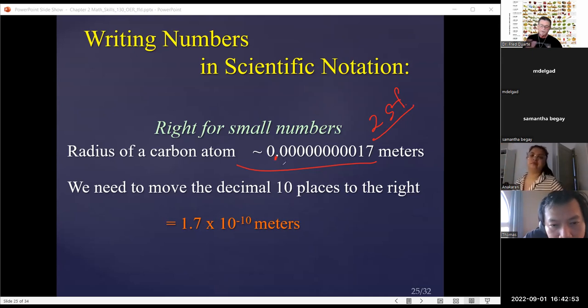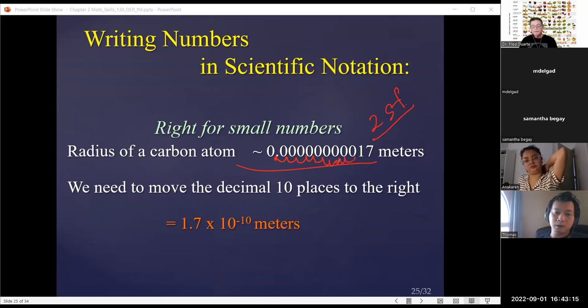Instead of going from right to left, because this is a number less than 1, I'm going from left to right. I start here and count the positions, and keep going until I stop after the first integer that I encounter, which is the 1.